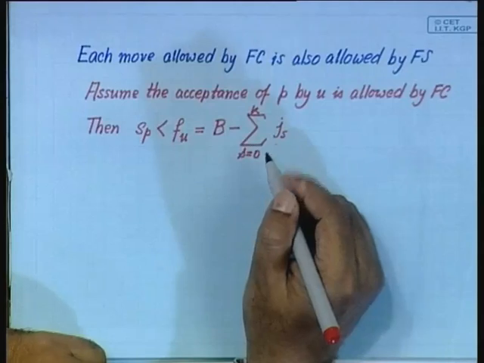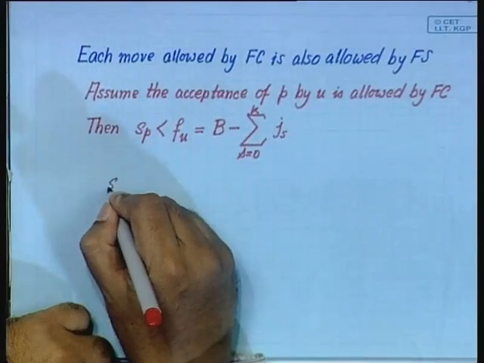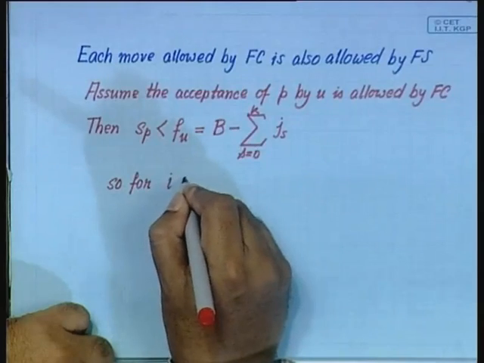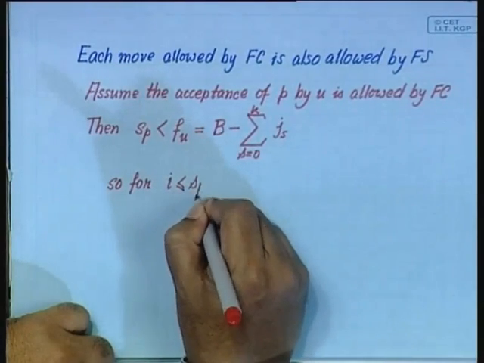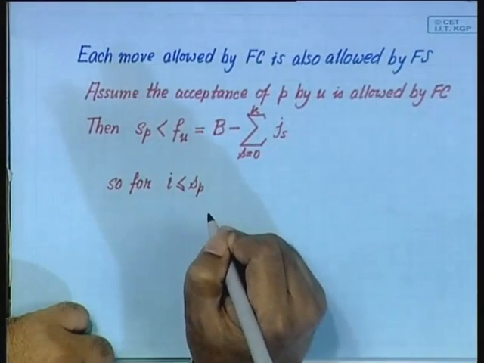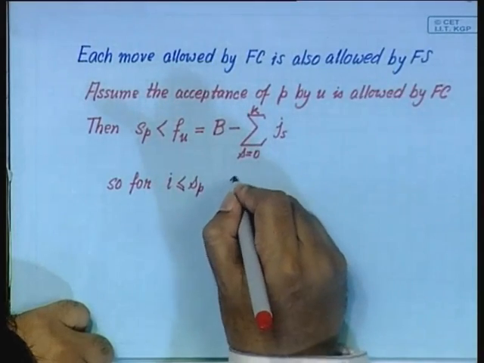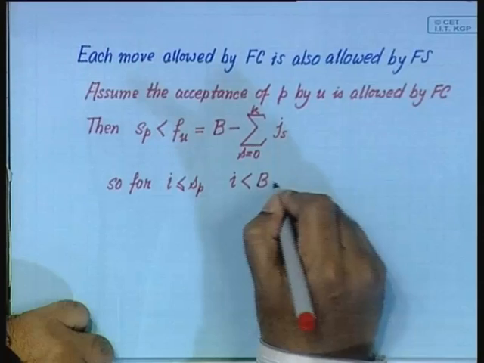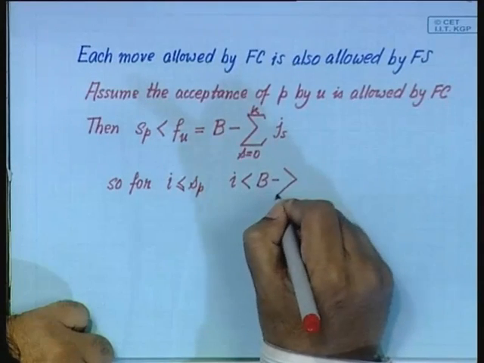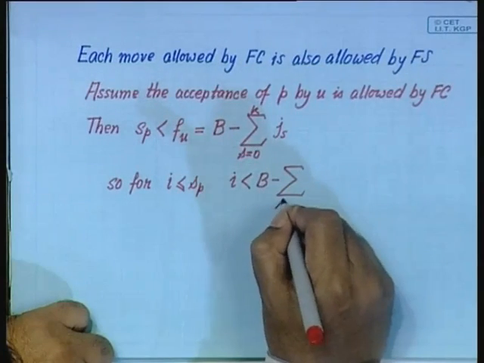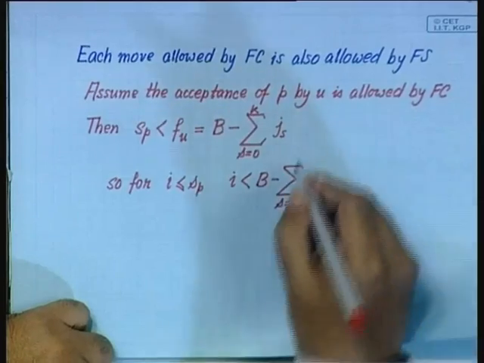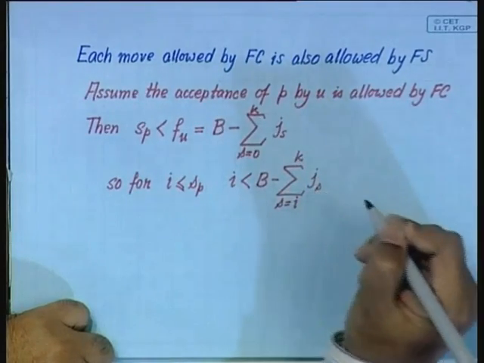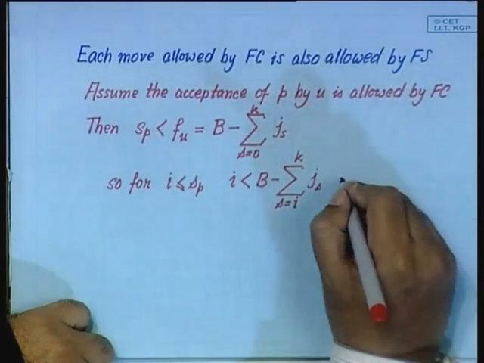Right. So, for I less than or equal to SP, I is less than B minus the sum over S equal to I to K of Js follows.